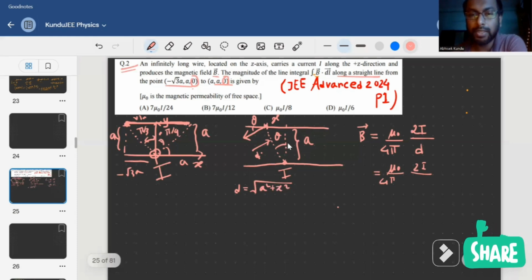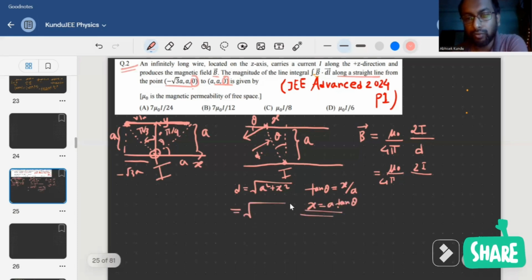Now, if this is angle theta, then what is x? Tan theta equals x by a, so x is a tan theta. So d is root over of a square plus a square tan square theta. That becomes a, coming out, times root of sec square theta, that is sec theta.